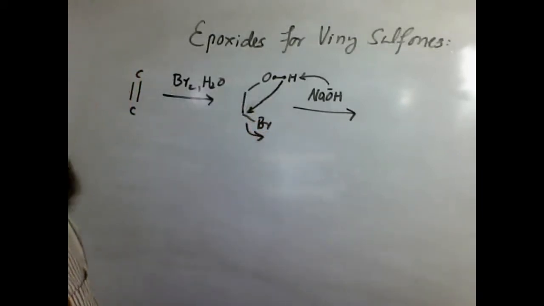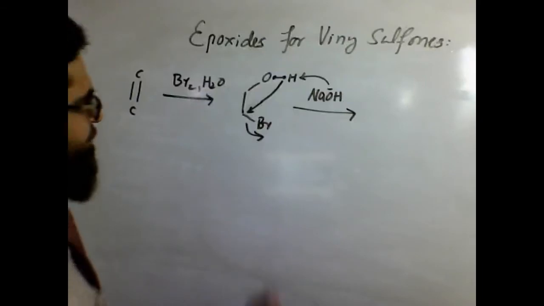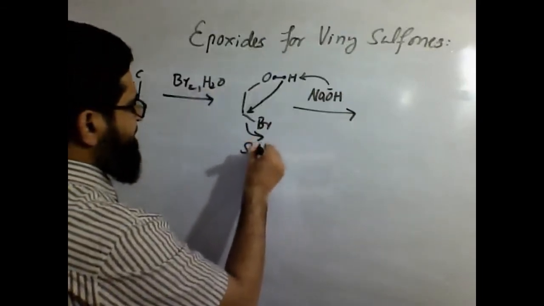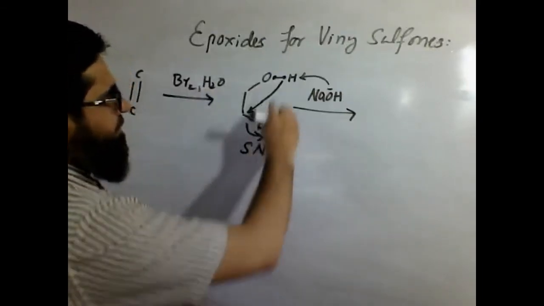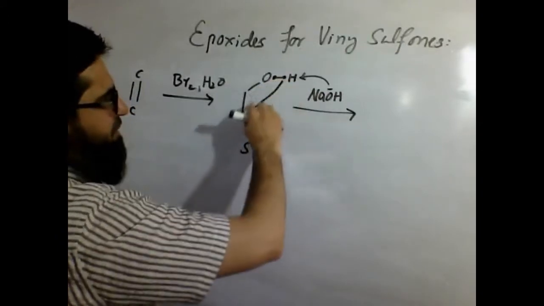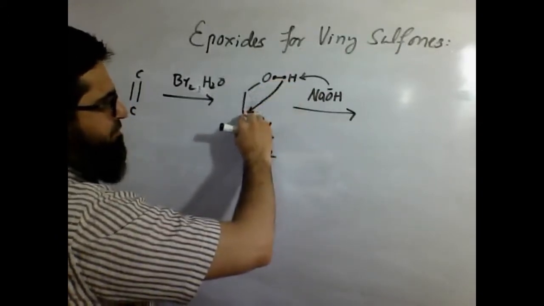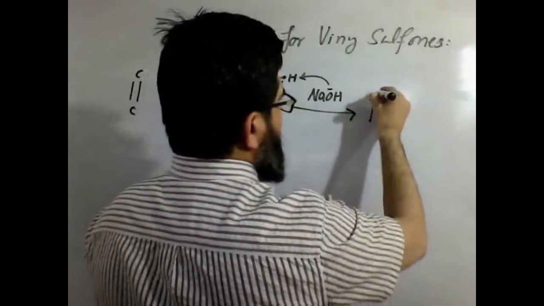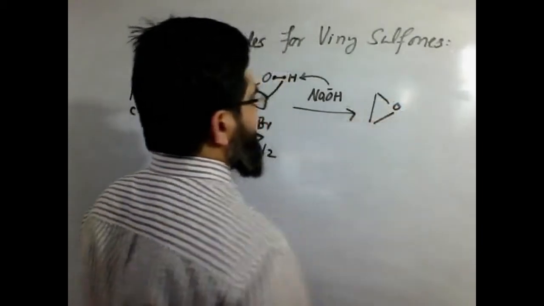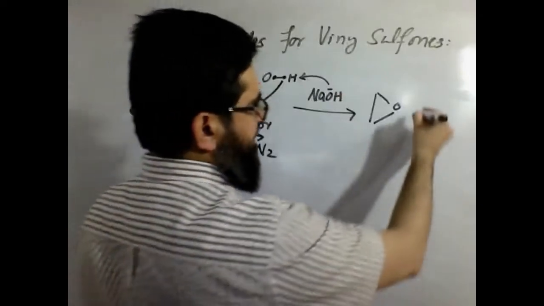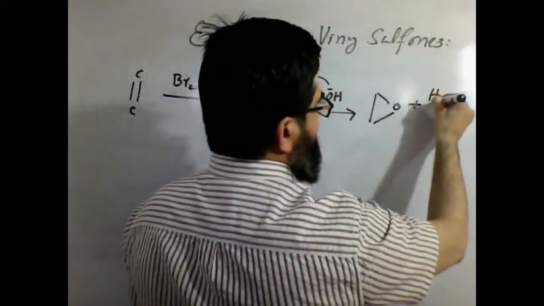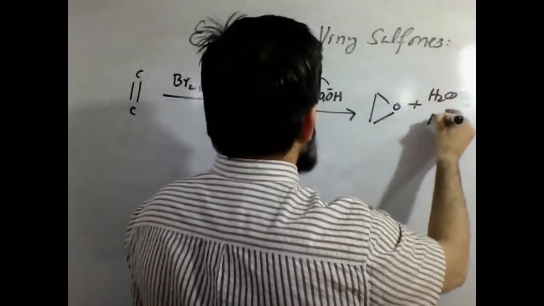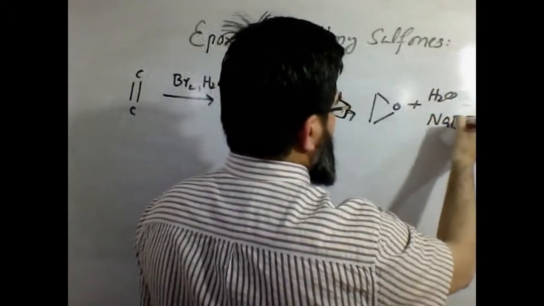It's a nucleophilic reaction, specifically an SN2 reaction. This negative charge attacks at this carbon and kicks the bromo out. So one could have this sort of an epoxide. The other products are water and sodium bromide.